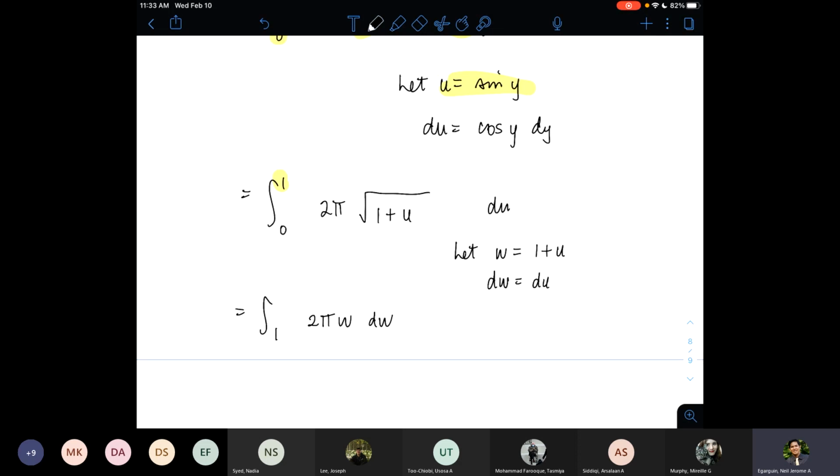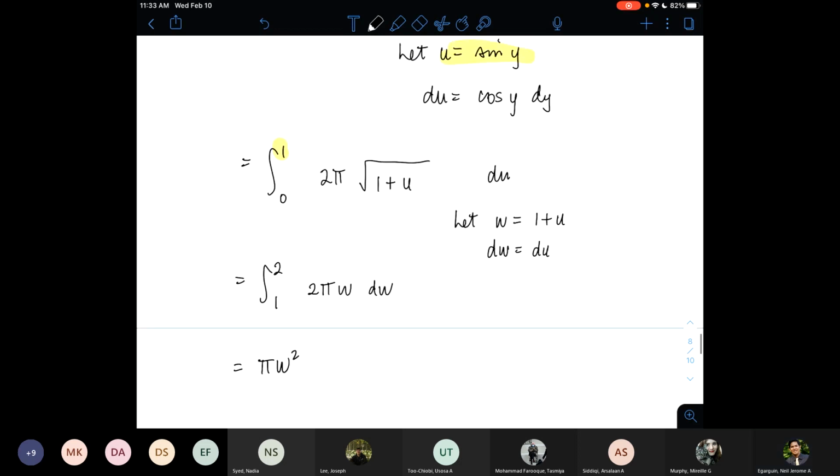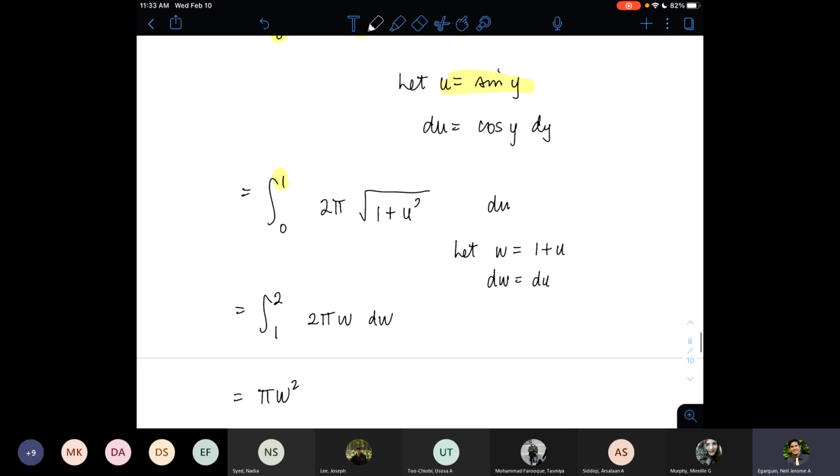When u is equal to 1, w will be 2. So we get this integral. And it is not as complicated as what we saw before. Oh yeah, you're right, 1 plus u squared. Yeah, and so this substitution won't work.